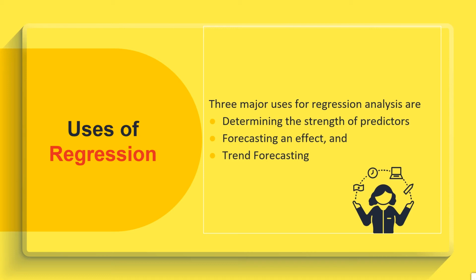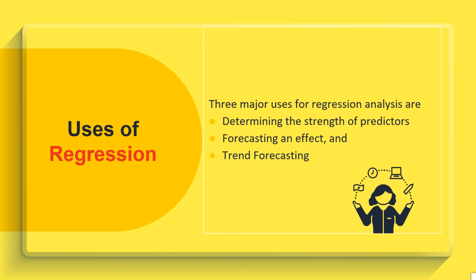Second is forecasting an effect. In this, the regression can be used to forecast effects or impact of changes. That is, the regression analysis helps us to understand how much the dependent variable changes with the change in one or more independent variables.